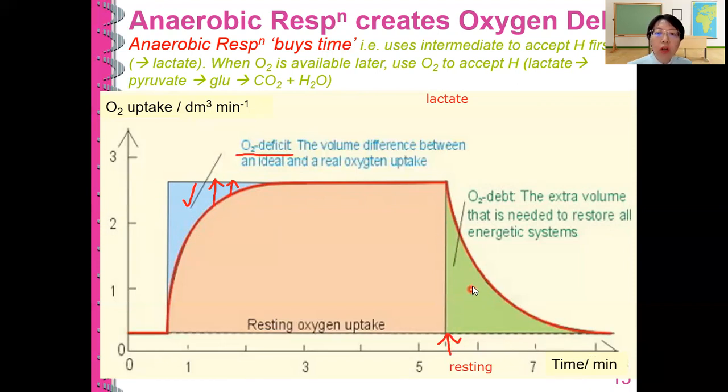So this region is called the oxygen debt. This is the amount of oxygen that's needed to pay this oxygen deficit. That means you're using this oxygen that's taken in here now to convert the lactate back to pyruvate, to pay back whatever debt that you have incurred at this time.